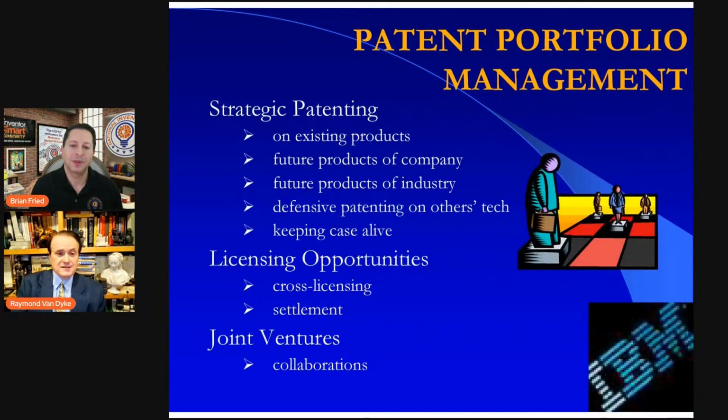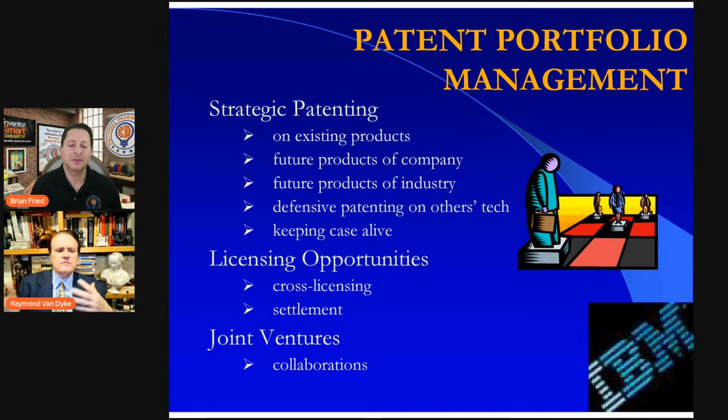Okay. So anyway, let's say you're in a company. What can you do to help yourself? You want to get patents on your existing products, maybe future products of the company, future products of the industry. Maybe get patents on what your competitors are doing. Why?